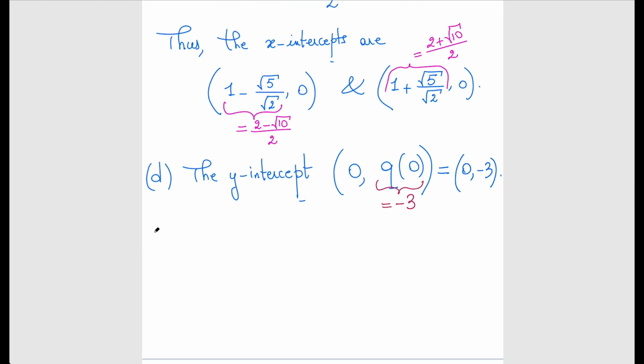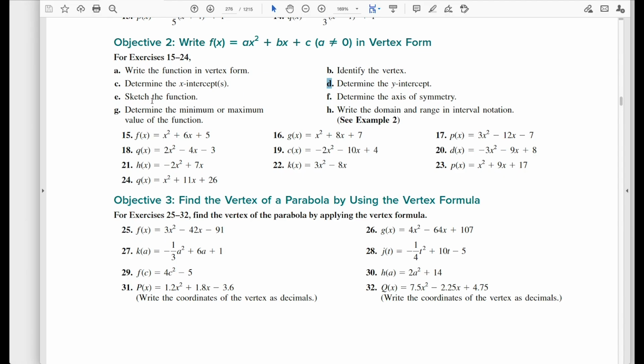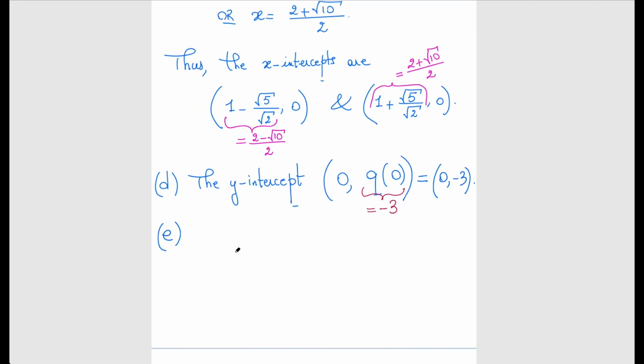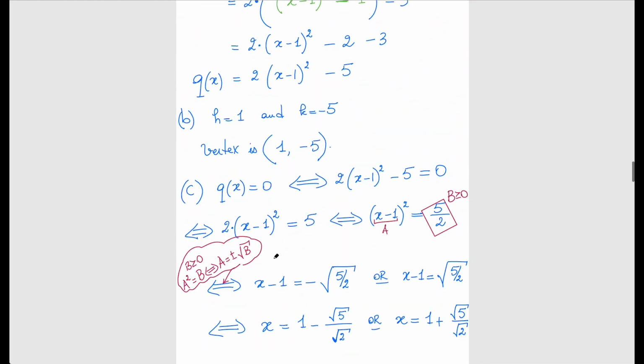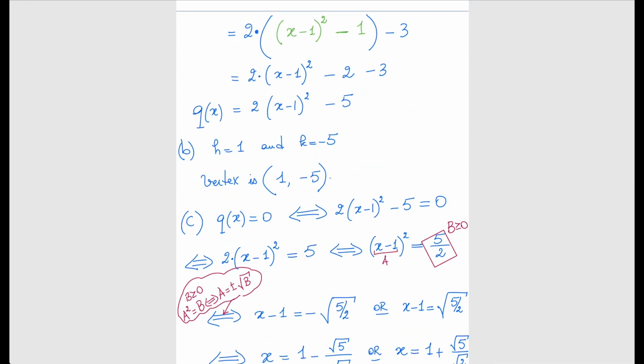Okay, part E. Sketch the function this time. Alright. So we've sketched such functions before. Let's pay attention to this formula, the standard or vertex form of the quadratic function.